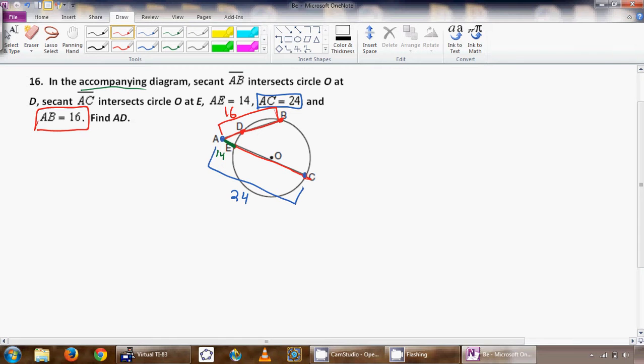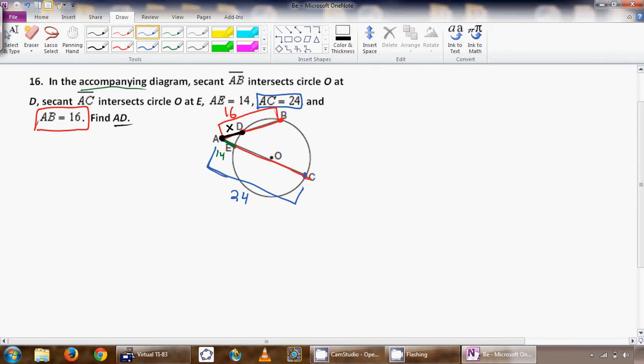They want me, and I'll do this in black, they want me to find the length of AD. Well, that's the thing I'm looking for, right? So I'm going to call it X. Now, when I have secants touching the same circle, coming from the same point, I know there's a relationship formed.